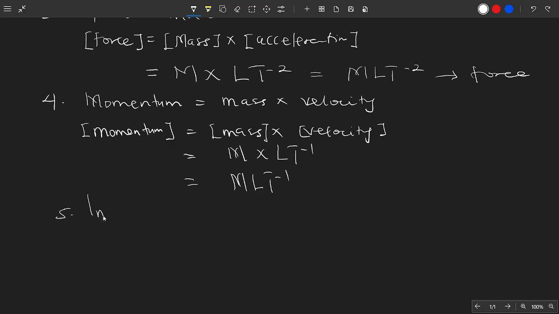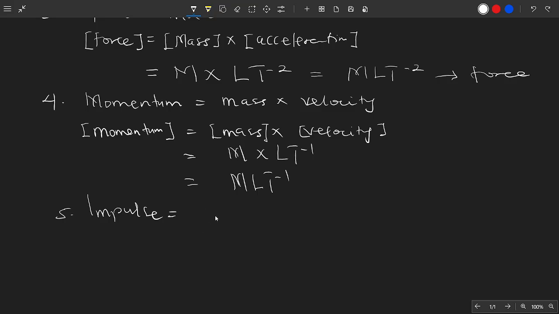Let's look for that of impulse. We know that impulse is given by what? Force times what? Time, right? Force times time. All right.